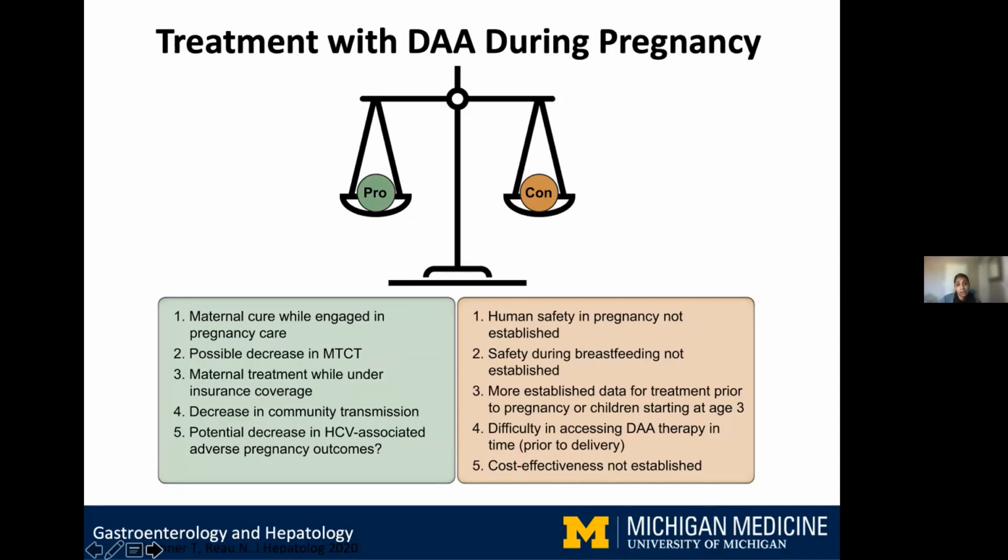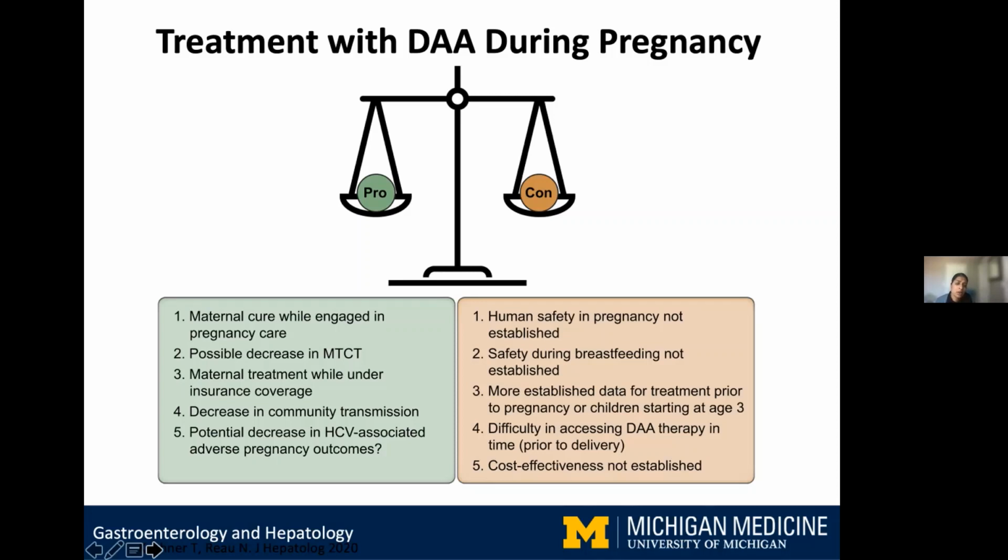There's a possibility of decreasing the risk of mother to child transmission, even though that risk is small, particularly in HIV negative women. Maternal treatment while under insurance coverage is feasible. We all know that the direct-acting antivirals need to be approved by insurances in order to treat our patients.